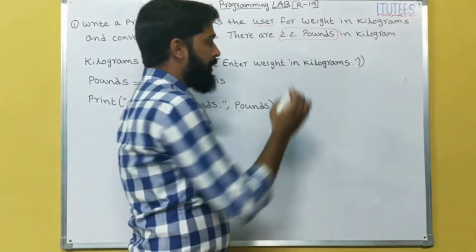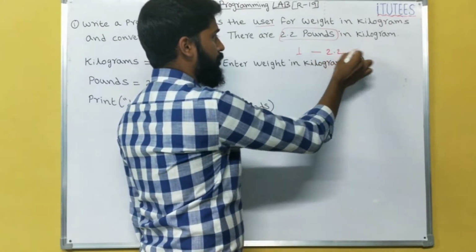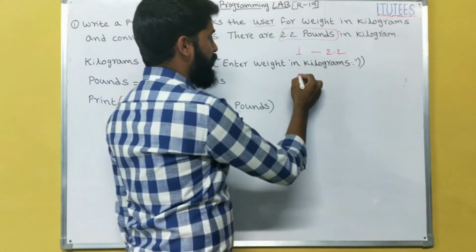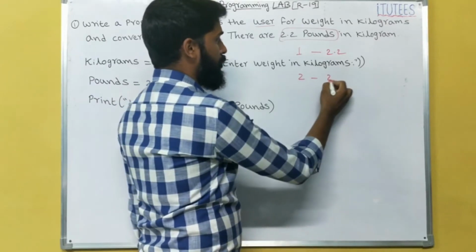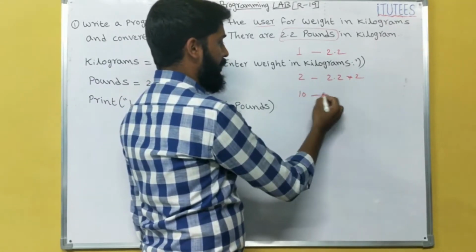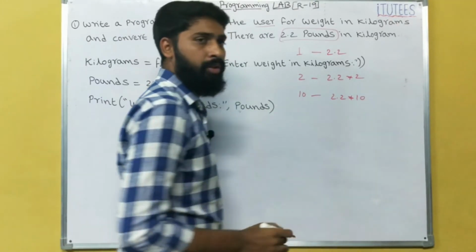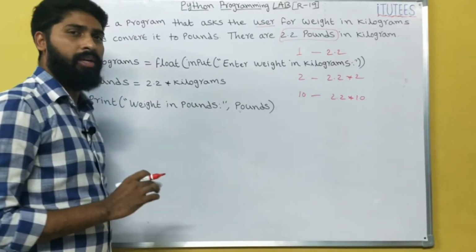That means if I enter 1 as the input, the output is 2.2. If I enter 2, the output is 2.2 into 2. If I enter 10, the output is 2.2 into 10. I hope you understand the problem.